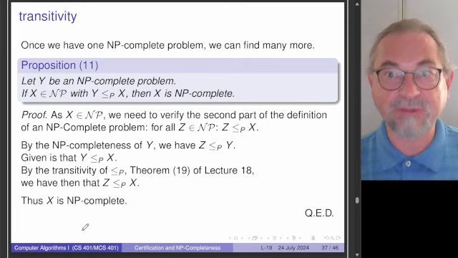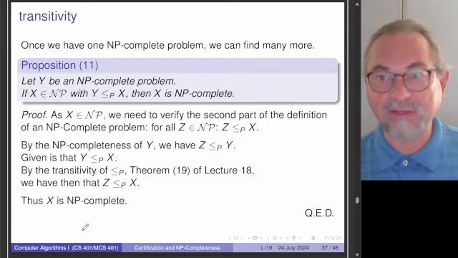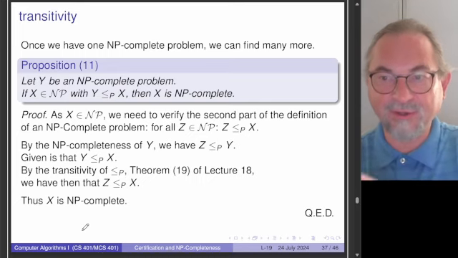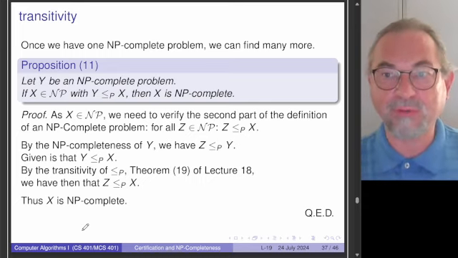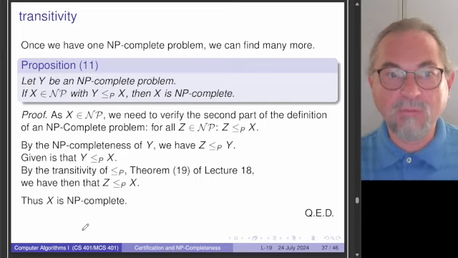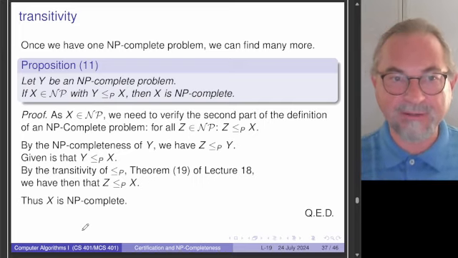In the last lecture, we said that if Z can be reduced in polynomial time to Y, and Y can be reduced in polynomial time to X, then Z reduces in polynomial time to X. Well, we have the same thing here.